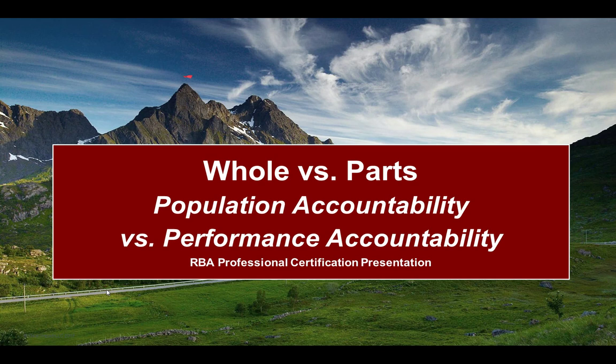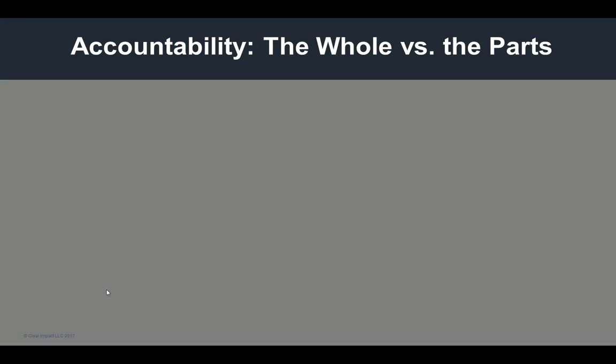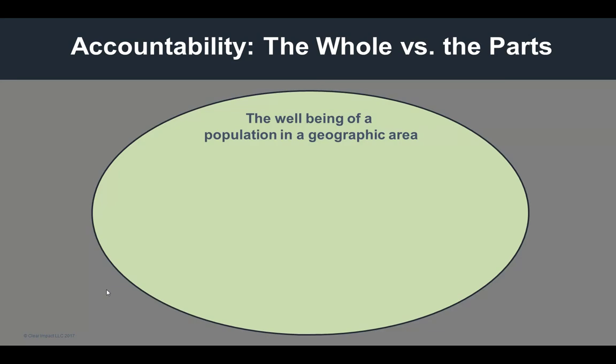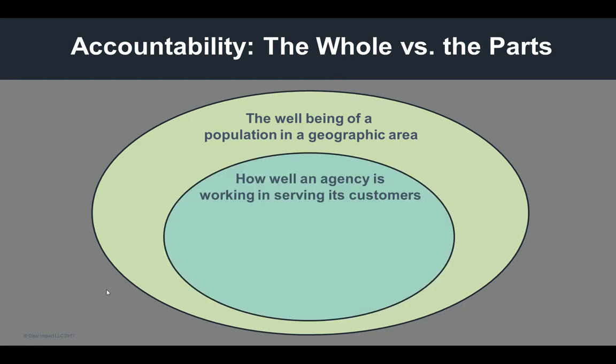Now I'd like to talk about the whole versus the part, and the concept of accountability as distinct for either. We should pay special attention to the very important aspect of population accountability versus performance accountability. When we think about the whole versus the parts, the whole could be defined as the well-being of a geographic area or population.